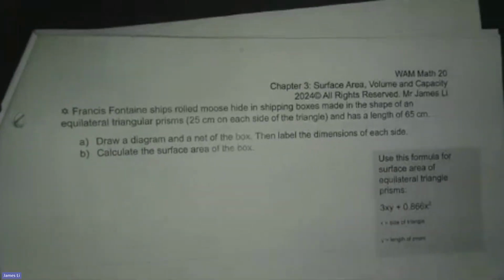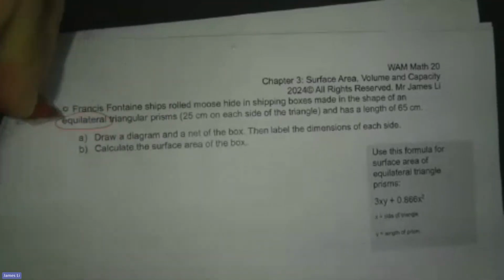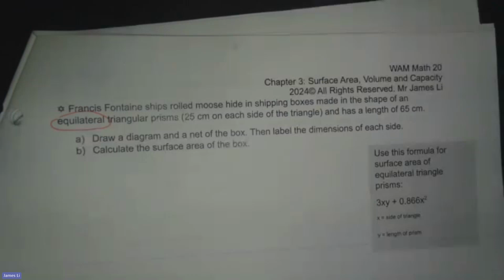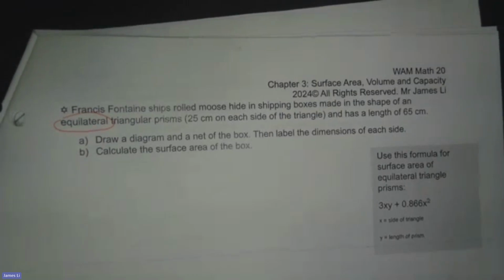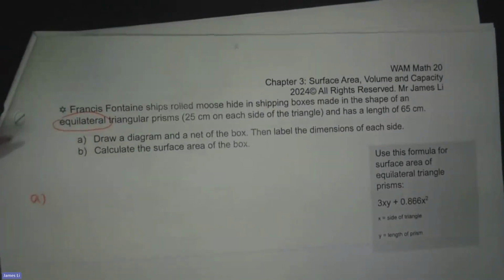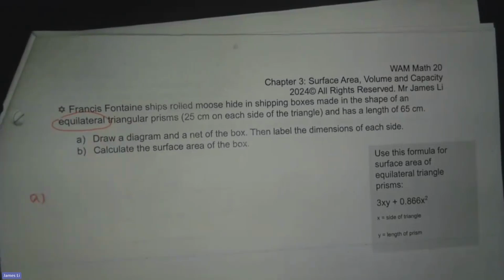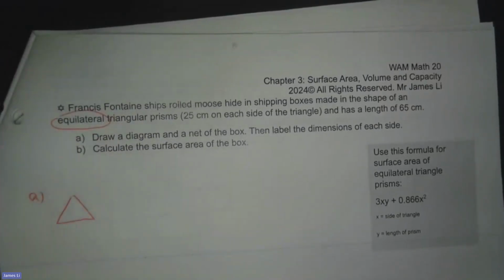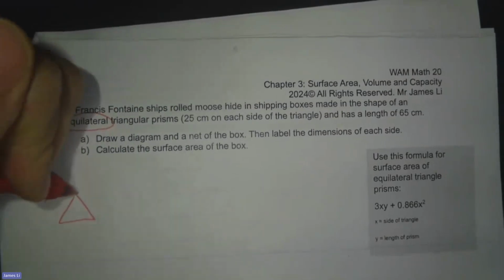Now, when I look at this question, my eyes zero in on this word, equilateral triangular prism. So you know straight away, this is not the birthday cake prism. This is the Toblerone-shaped prism because of the equilateral triangular prism. So in order to draw it, draw a triangle with equal sides, okay?